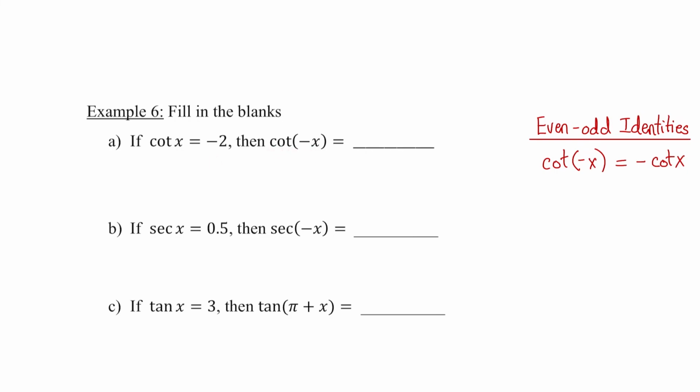So cotangent of negative x equals negative cotangent x. And your cotangent x is negative 2. So you have negative of negative 2. That is 2.